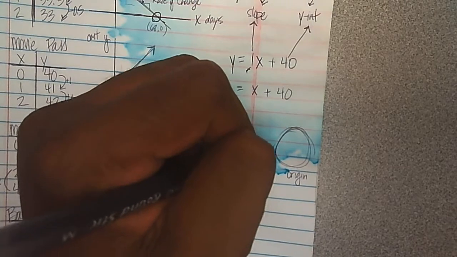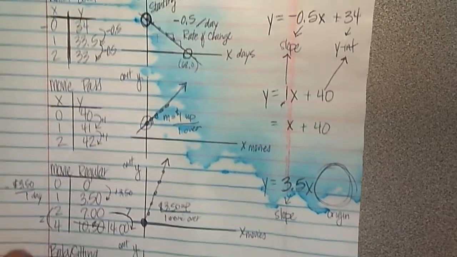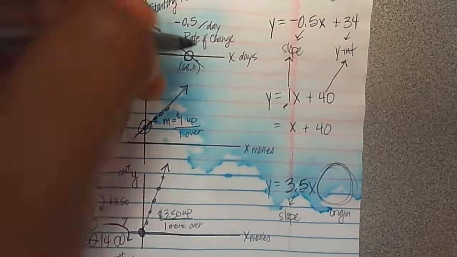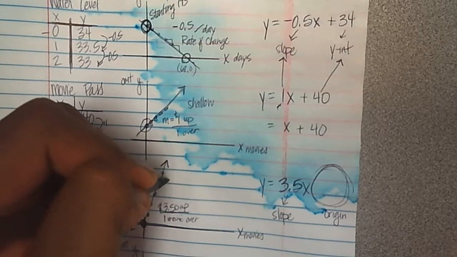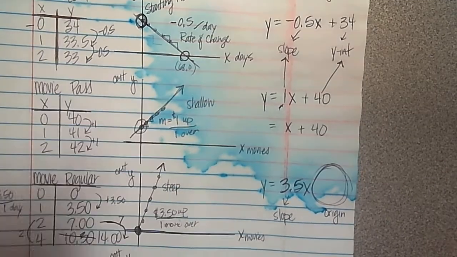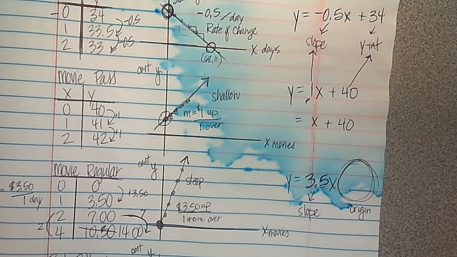Also, you'll notice that when you plotted your points on the decimals activity, this line was shallow compared to this line being steep. These are words from your vocab that are going to be coming up. So throughout the unit, I'll be going over those vocab terms. So if you didn't rock it out on the first quiz, don't worry about it.